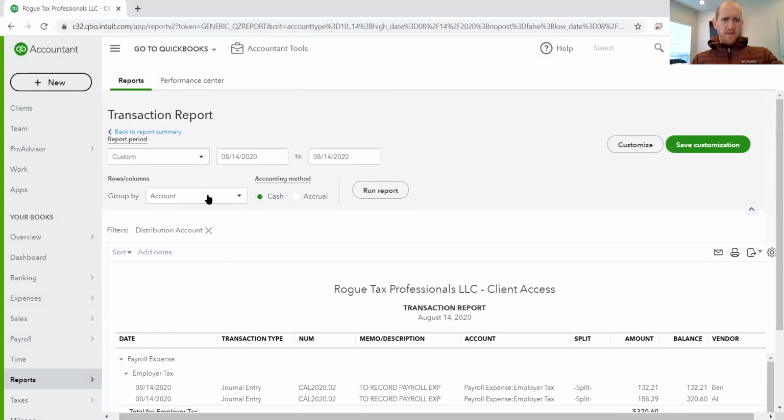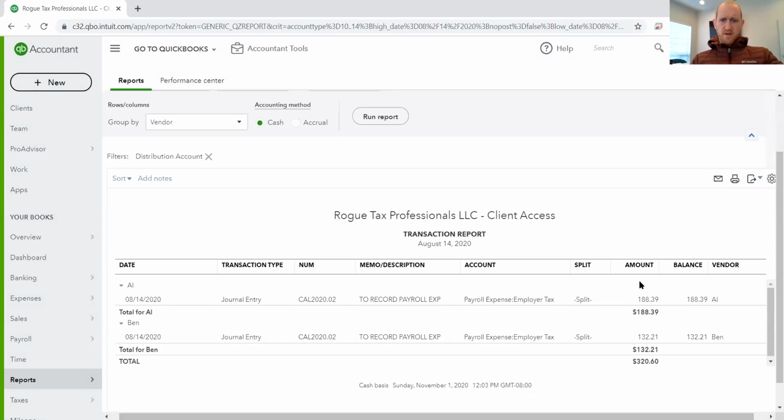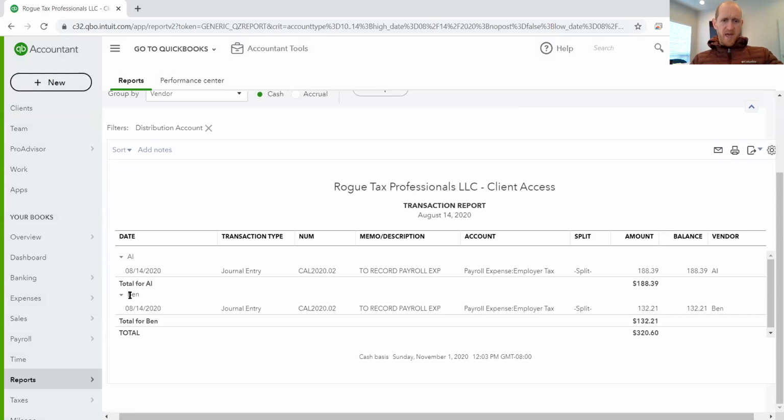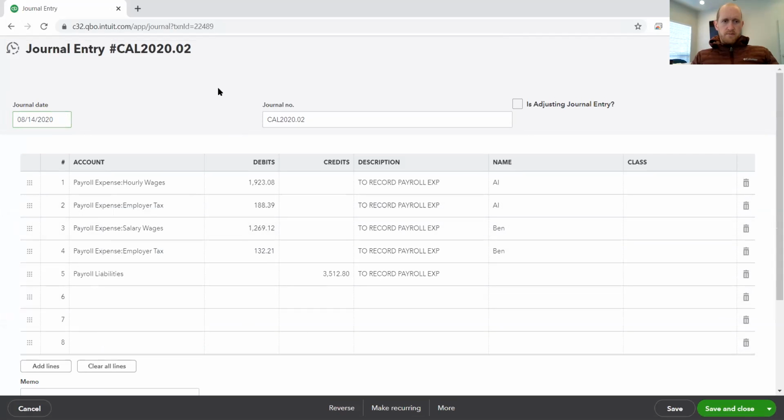Run report, and then I'm going to group by vendor, and then it's going to have Al and Ben, and that's what you want to do. You could just do under payroll expense, Al payroll, Ben payroll, Cassie payroll, etc. Just make a separate account for them if you want to do that. But that's how you enter this journal entry.